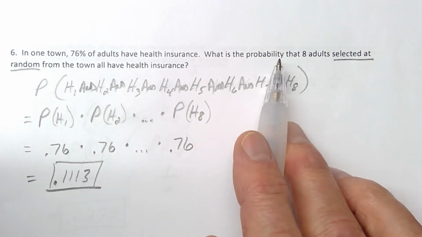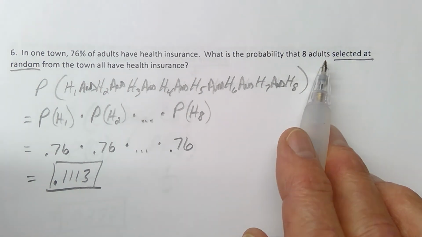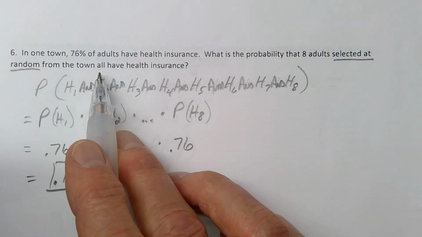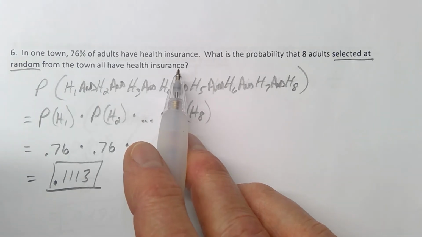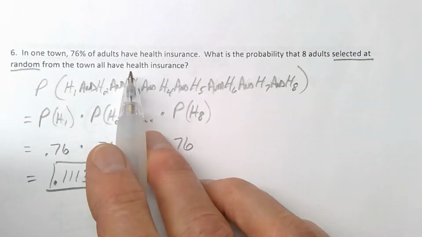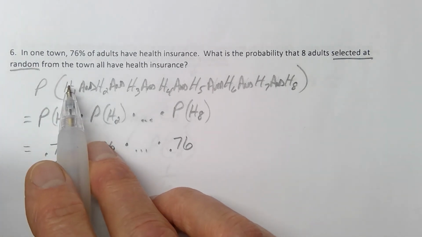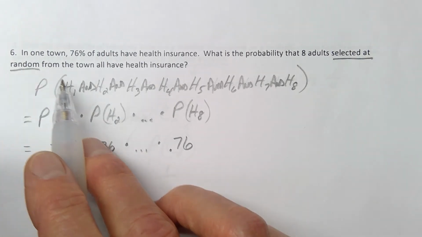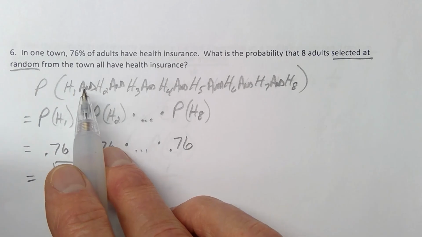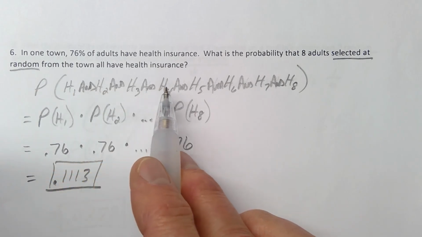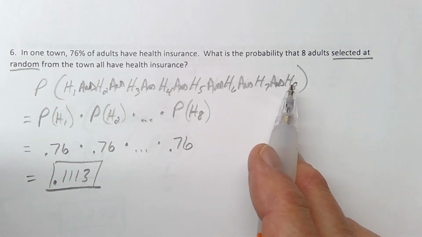So what's the probability that I can reach out into the hall 8 times and every one of those 8 adults that I grab at random has health insurance? So what I'm saying is the probability that the first person I randomly select has health insurance, and the second person and the third person and all the way to the 8th person.